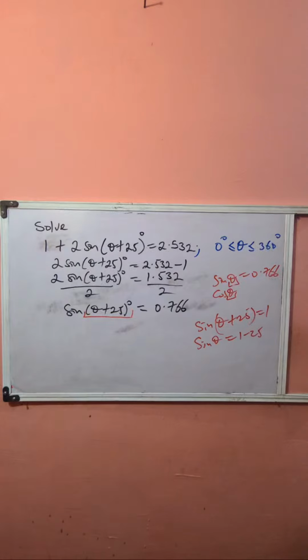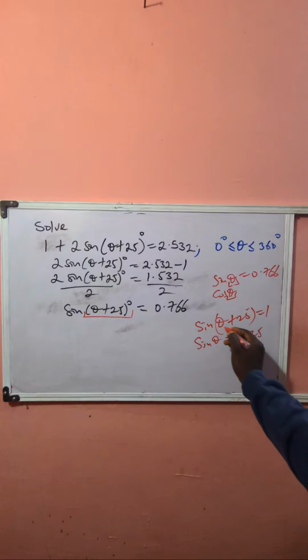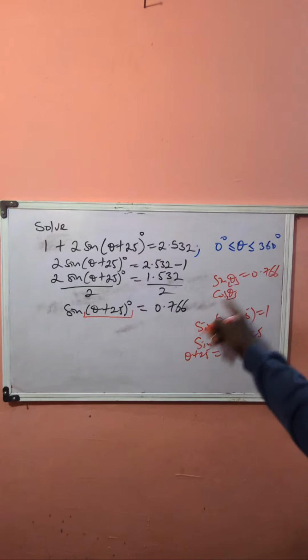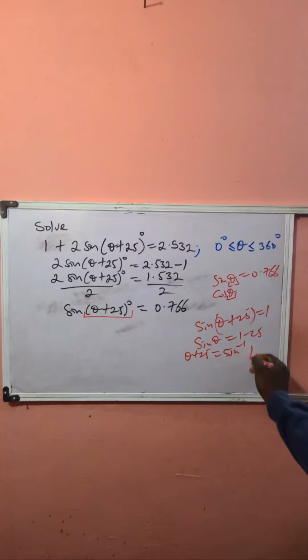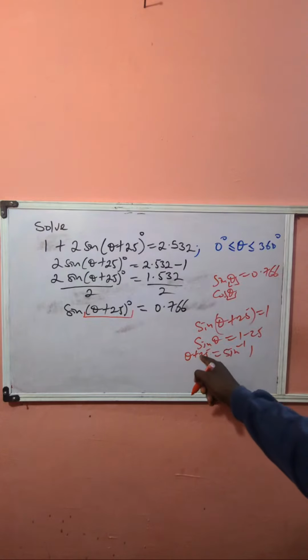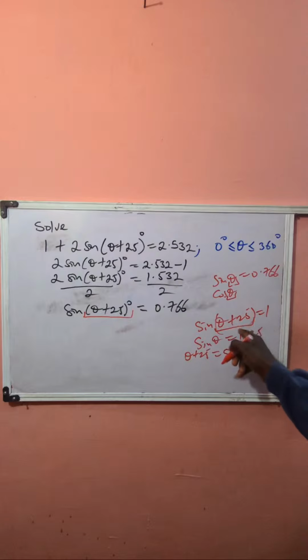So the only way you can solve this equation is to say theta plus 25 equals arc sine of 1. That's the only way. You cannot separate theta and 25 at this position. So you have to resolve it only by finding the sine inverse.